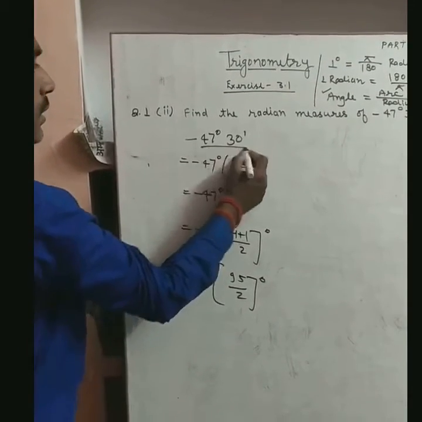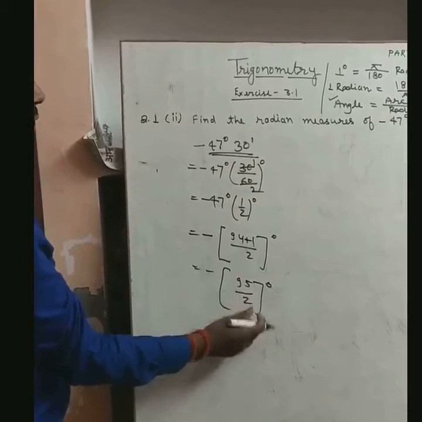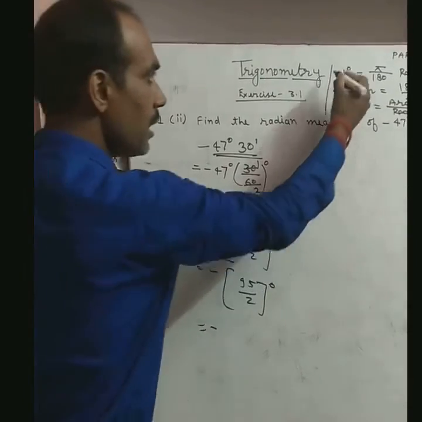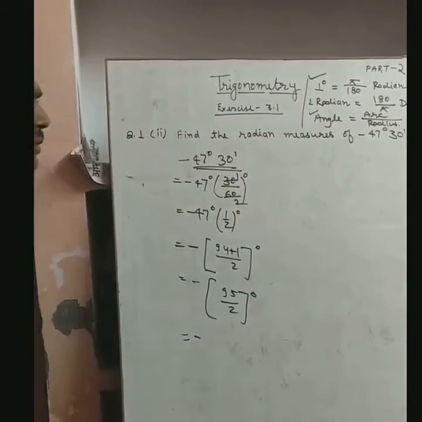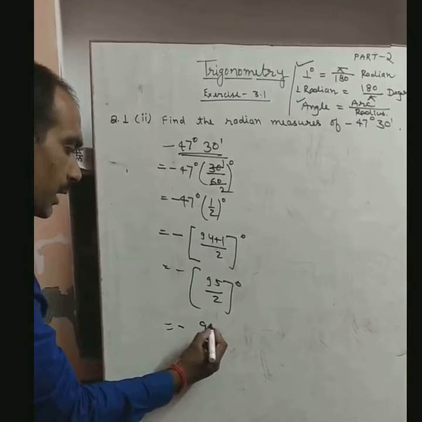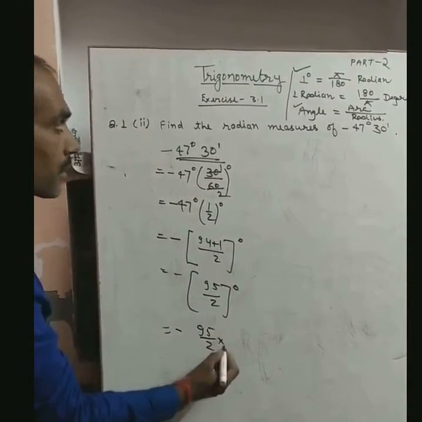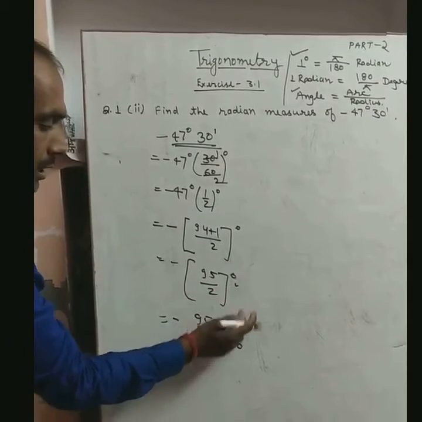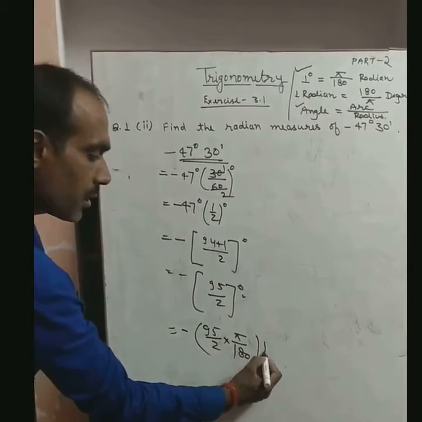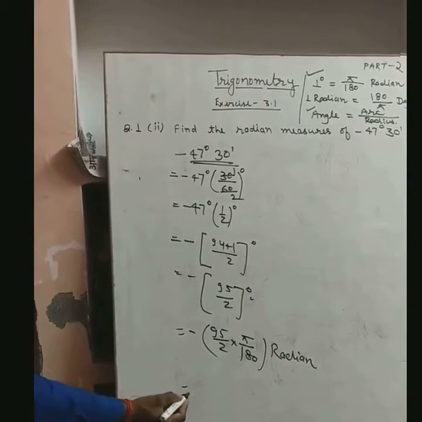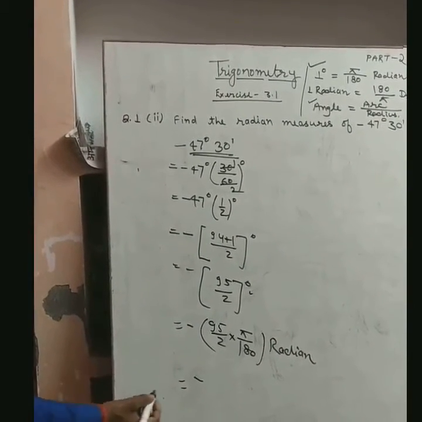Now this is in degrees. After that, 1 degree is equal to pi upon 180 radian. So we multiply by pi upon 180, then degree is converted into radian. This becomes radian. Okay, and solve it.